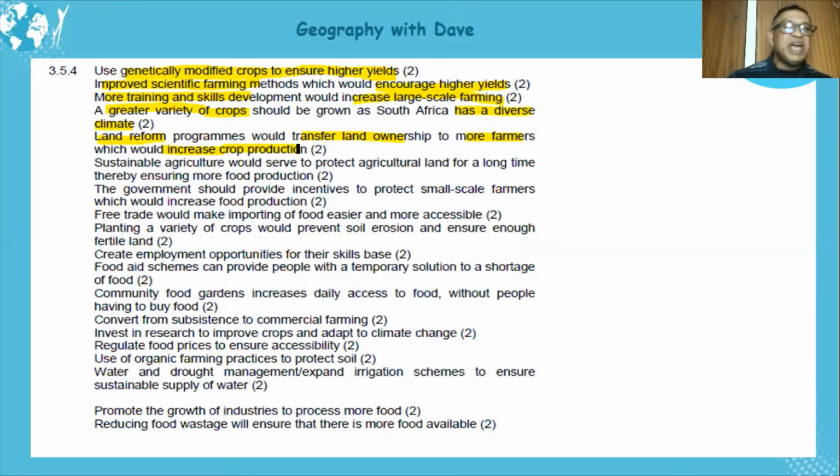You understand? We write the land reform programs and you say, oh, we've done it. No, you have not answered the question. How would the land reform program help with improving food security? Land reform program would transfer land ownership to more farmers who would increase the crop production.